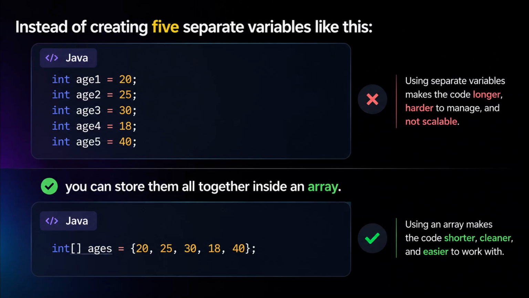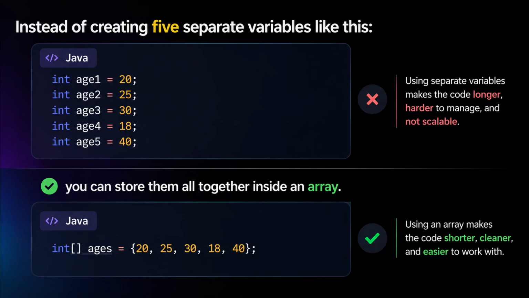An array is one of the simplest ways to store multiple values in Java. Imagine you are writing a program to store the ages of 5 people. Instead of creating 5 separate variables like this, you can store them all together inside an array.